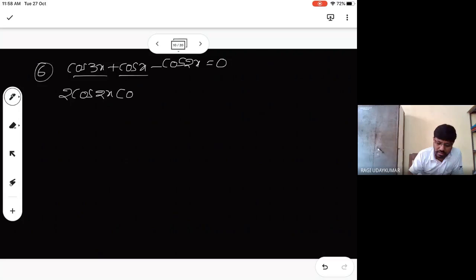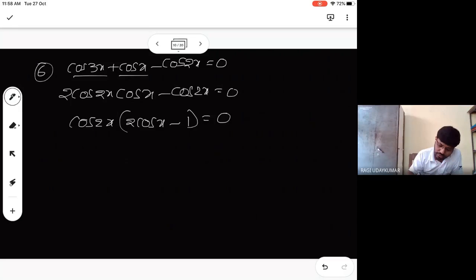Cos (c minus d) by 2, x आ जाएगा, minus cos 2x is equal to 0. Cos 2x you take the common. So we are going to get cos 2x times (2 cos x minus 1) is equal to 0. So from this cos 2x is equal to 0 and 2 cos x minus 1 is equal to 0.